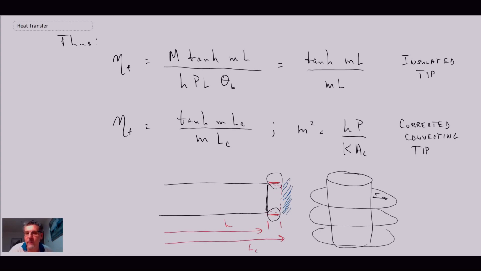There would be tables or charts that you can look at, and that would be the way to deal with more complex fins, or a fin perhaps with taper, where the area is changing and it does not satisfy the simplifying assumptions that we've used thus far in order to come up with these relationships.